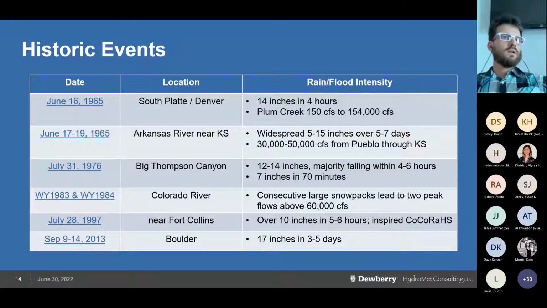So an interesting event that's a little bit out of flavor compared to the first 3 that are flash flooding driven is water years 1983 and 1984, which was following a big El Nino event out in the Pacific Ocean. The Colorado River saw 2 consecutive just massive snowpacks, and there were peak flows both of those years above 60,000 CFS.